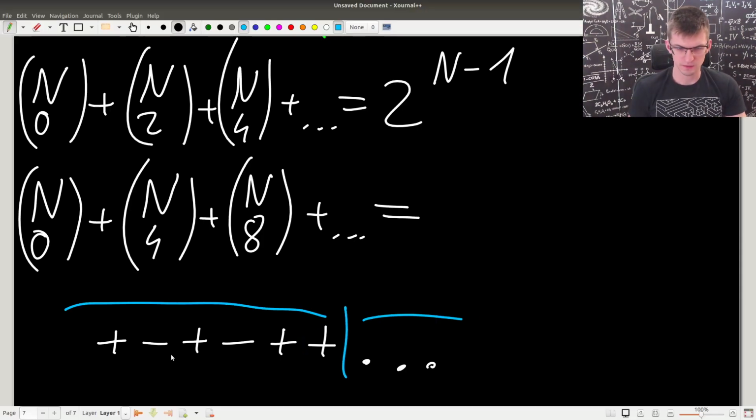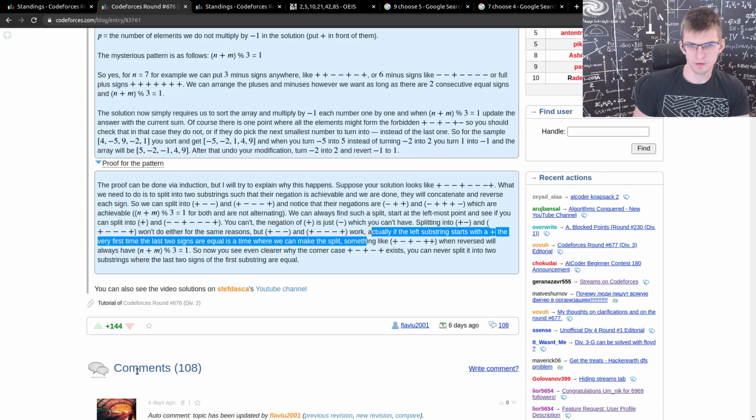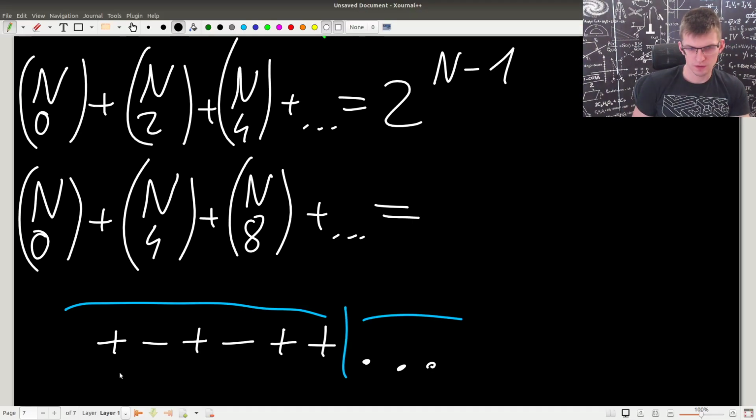This and that. There is plus minus on the left, so why does this satisfy anything modulo 3? N is 6 plus 4. Yeah, so why is this good?